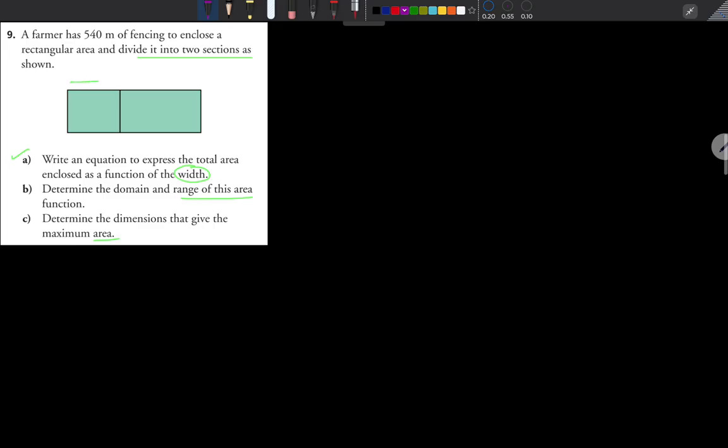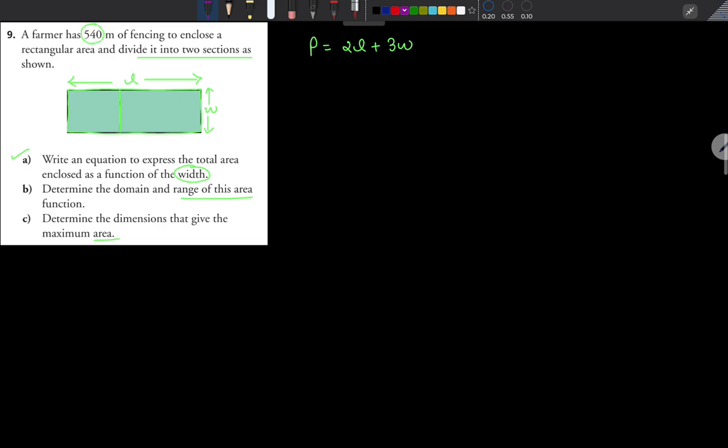Let's say the length of this fencing is L and the width of it is W. If we fence the whole area, there will be this whole length L, then W, then L, then W, and this is also W. So the total perimeter P will be 2L plus 3W, and the total fencing is given as 540.